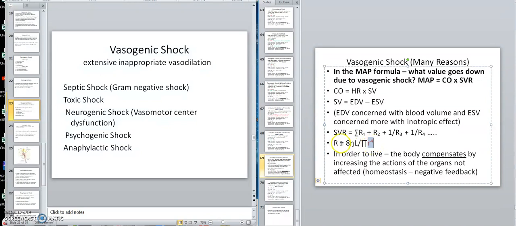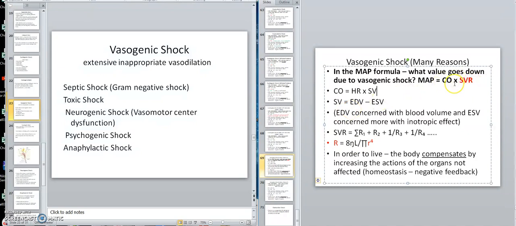That number gets big, then resistance goes down. So what ultimately goes down in vasogenic shock is SVR. So SVR goes down because of vasodilation.